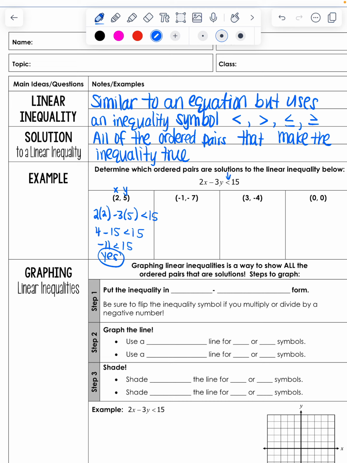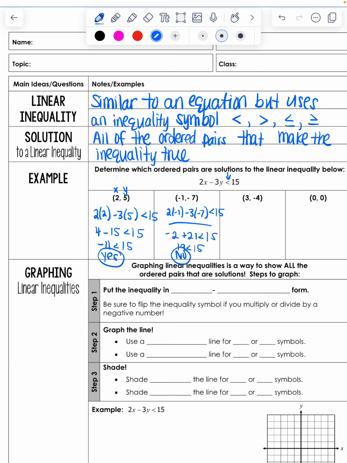Next, we would just do the same thing again. Replace in negative 1 for x and negative 7 for y, and just calculate it out. Now this whole entire thing really can be done right in the calculator, but this is negative 2, this is positive 21, and negative 2 plus 21 is 19. 19 is not less than 15, so this would be no. Negative 1, negative 7 is not a solution.